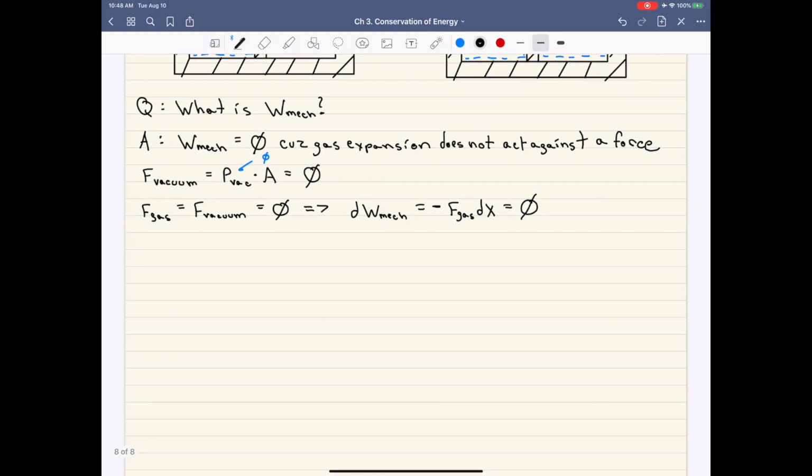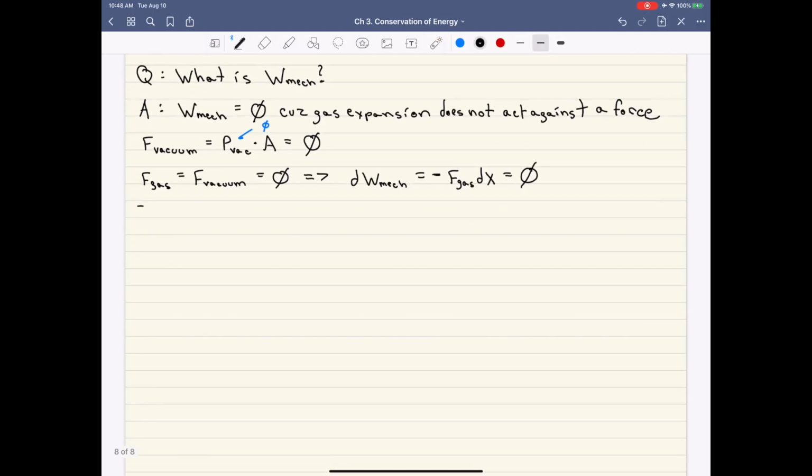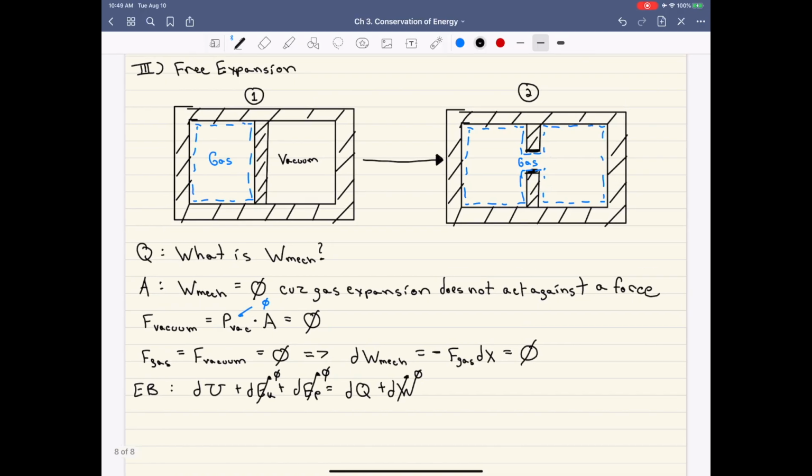With that knowledge in hand, let's go to our energy balance to see if we could get any more insight into the system. So from our energy balance, we know dU plus dEk plus dEp is equal to dQ plus dW. Assume changes in kinetic and potential energy are 0. From our argument up above, we know dW is 0. And also, as I said, this system is adiabatic, right?